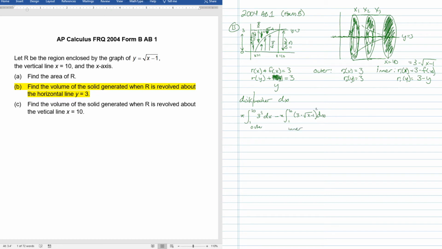These are both quantities squared, and therefore, when it's all said and done, I can put this all together and say it's going to be 3 squared, which is 9, minus the quantity 3 minus radical x minus 1, squared dx.